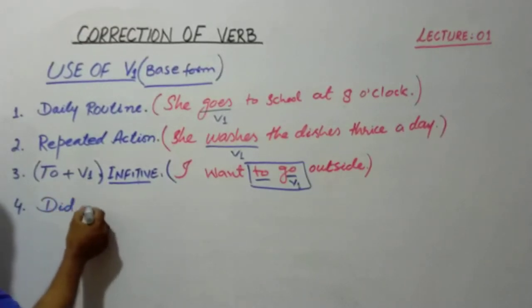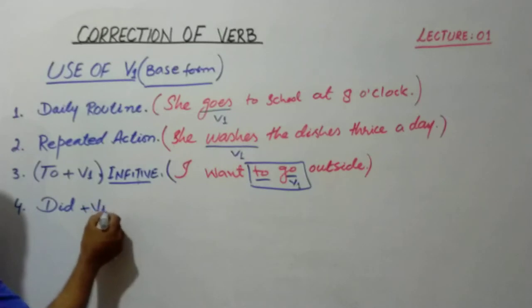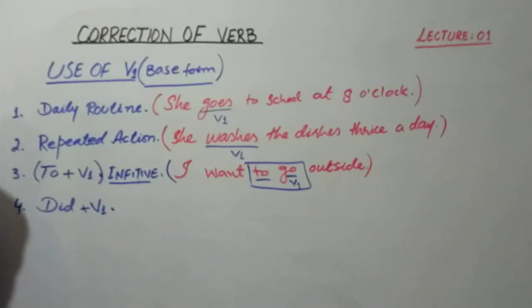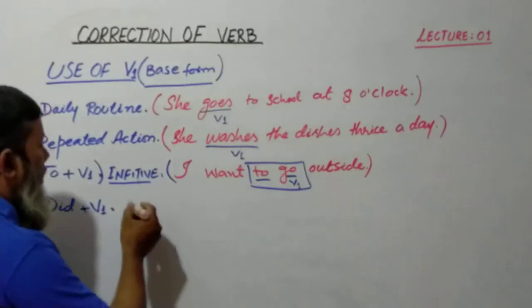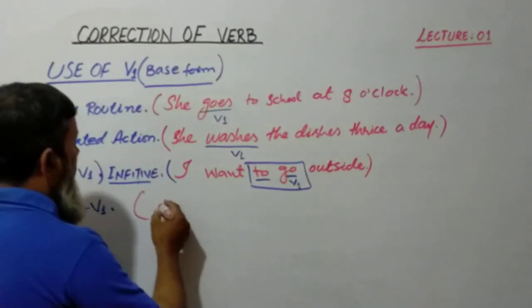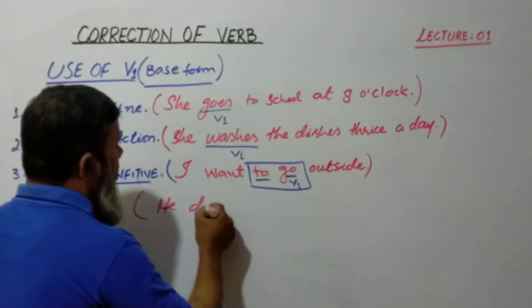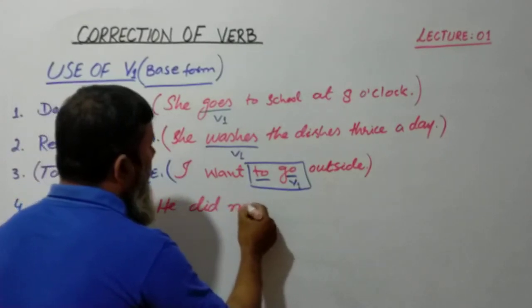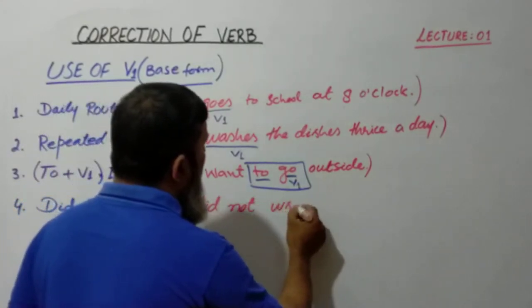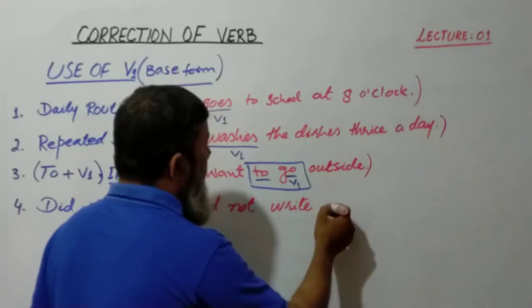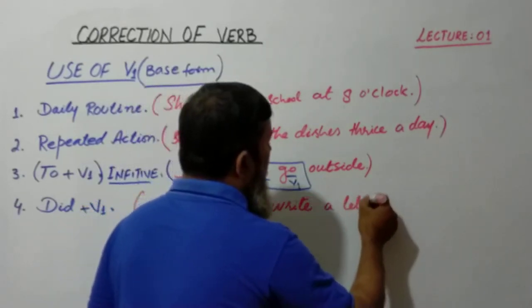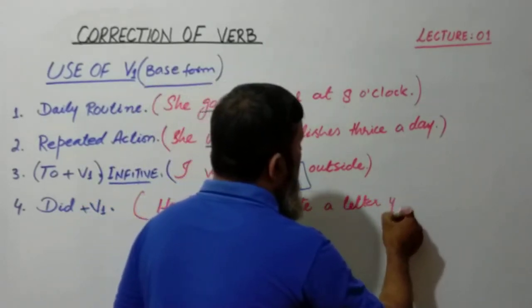After did we use the first form of the verb. हम did के बाद भी verb की first form use करते हैं. Suppose I write the sentence: he did not write a letter yesterday.